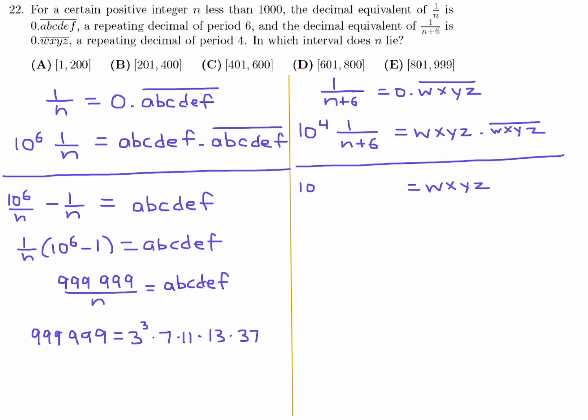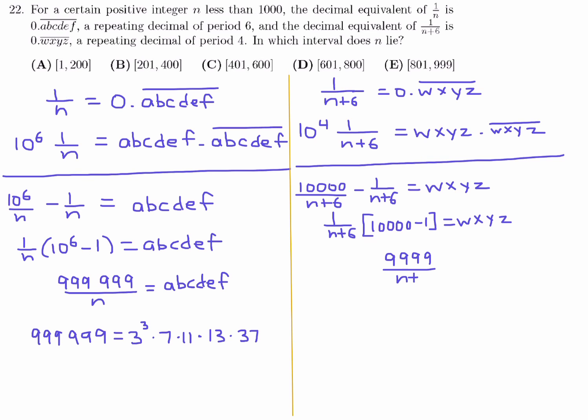And this part is 10,000 over n plus 6 minus 1 over n plus 6. Then factor out the 1 over n plus 6, and you get 10,000 minus 1. Therefore, 9999 over n plus 6 is equal to WXYZ.